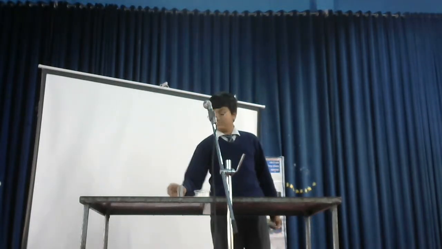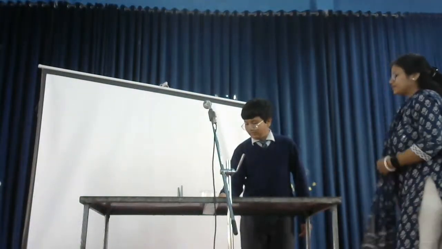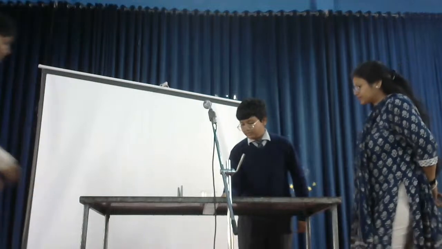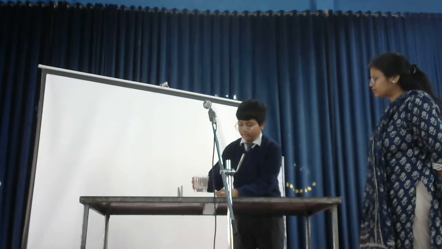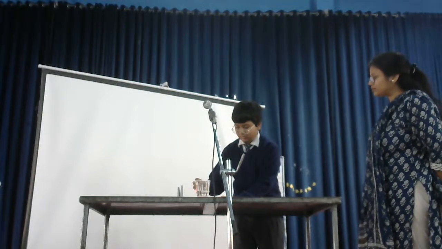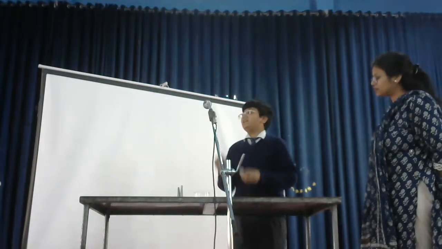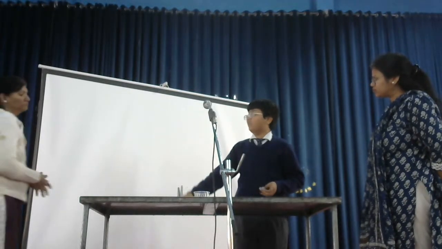Judges, I want judges to come on the stage. When the laser goes into the water, you can see the path. There is total internal reflection. When the light at an extreme angle touches the water, it reflects back down.